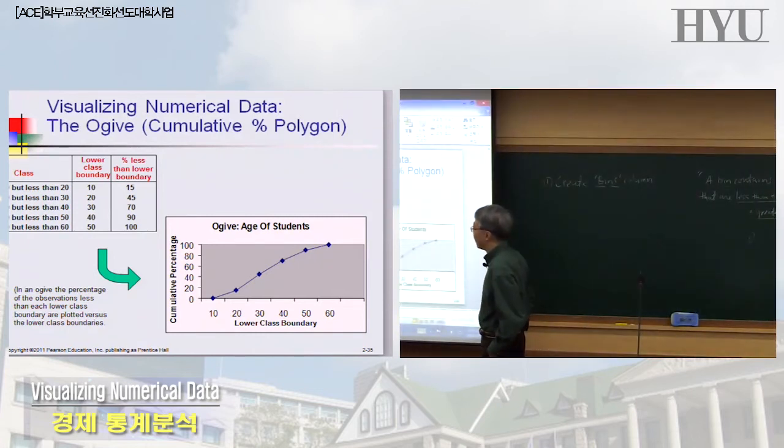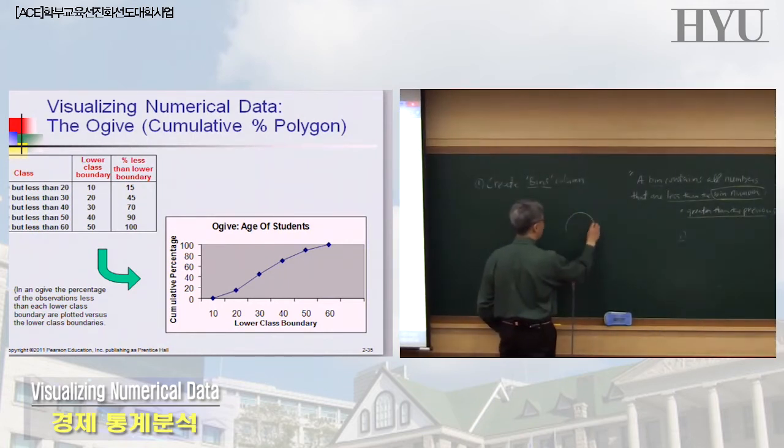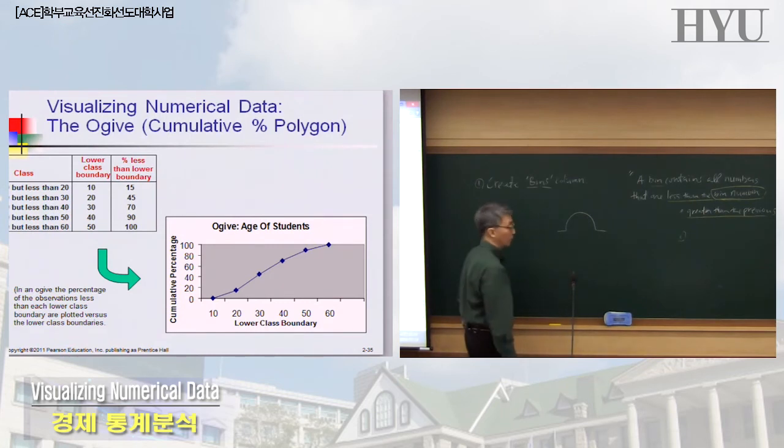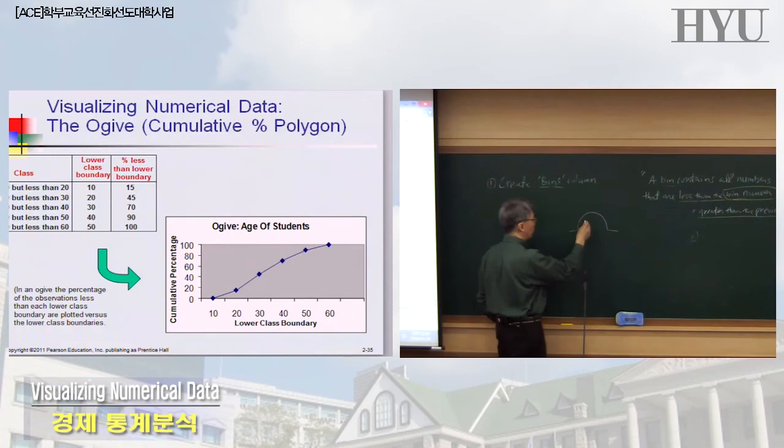Cumulative percentage polygon is called an Ogive. Ogive is an architectural term. When you have a dome ceiling in architecture, in order to build a dome structure, you have to have a support structure. This support structure is called an ogive.